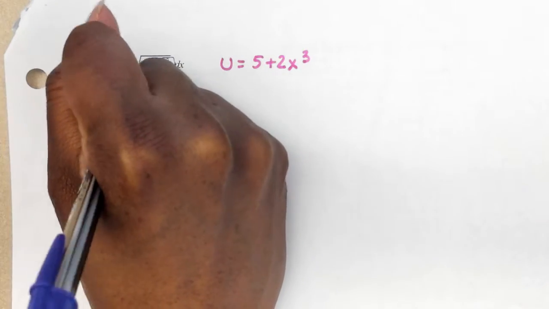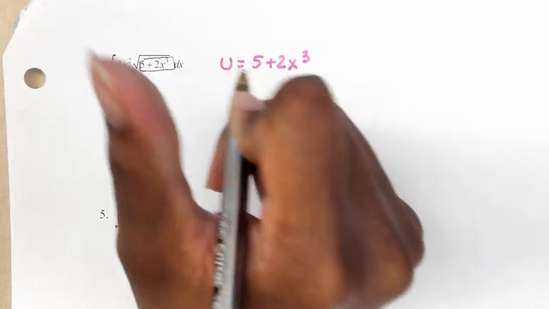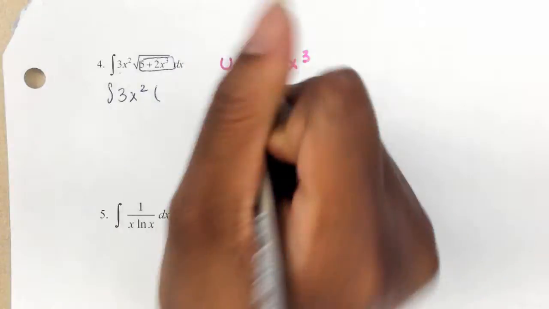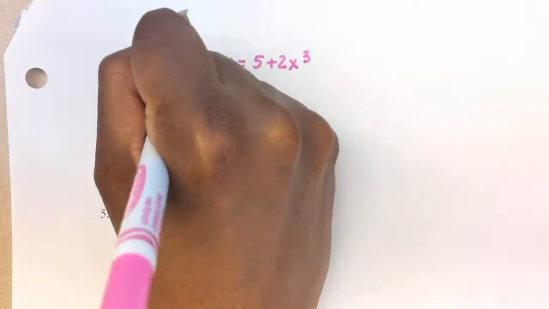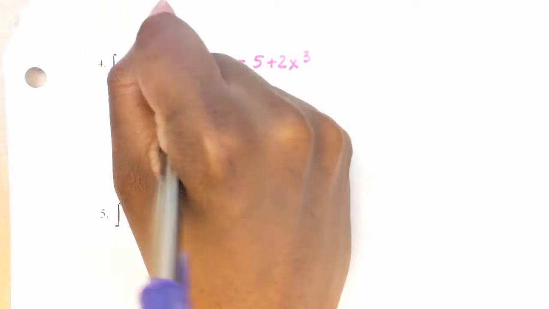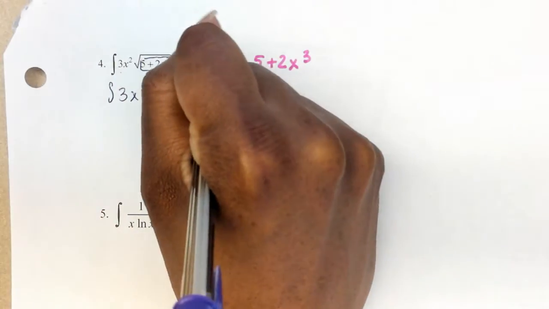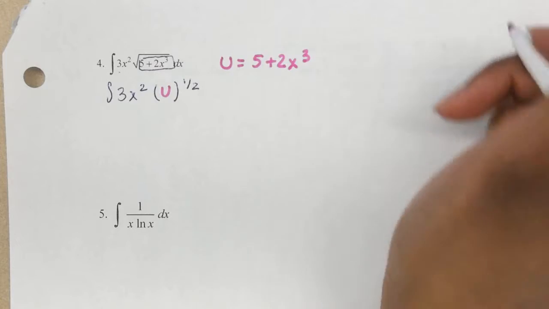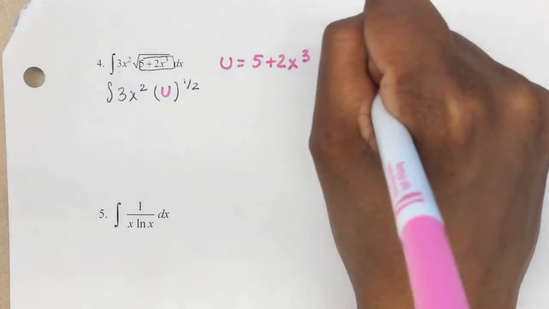So I have the integral of 3x squared and then u to the 1/2. And we'll figure out how to change the dx so that it's in terms of u. So now we're going to take the derivative of u.